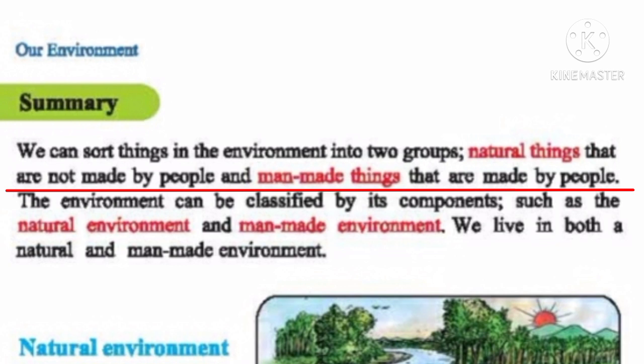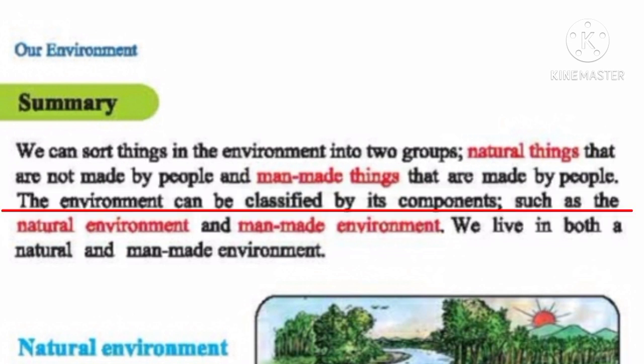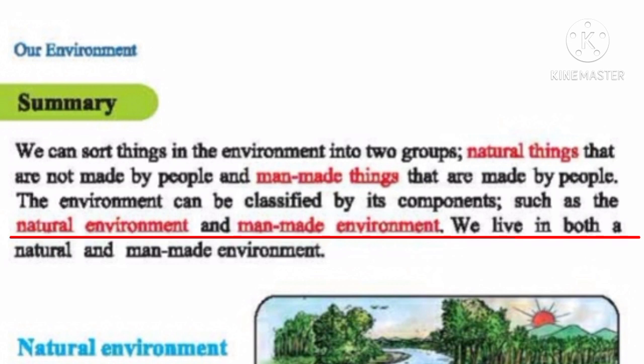Natural things are not made by people, it means which people cannot make, and man-made things, it means which people can make. The environment can be classified by its components, such as the natural environment and man-made environment.